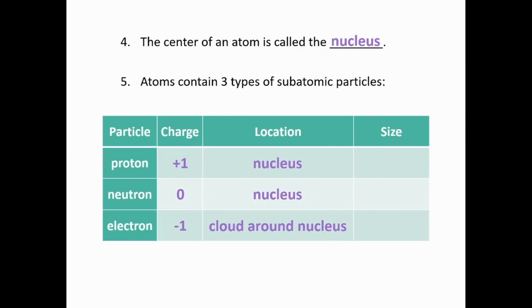The electron is found in this electron cloud around the nucleus. And so it's kind of free-floating and moving around within this cloud surrounding the nucleus. In terms of size, the protons and neutrons are about the same size. They're about equal, but the electrons are super, super, super tiny. It's so small that their mass, their weight, is considered negligible.